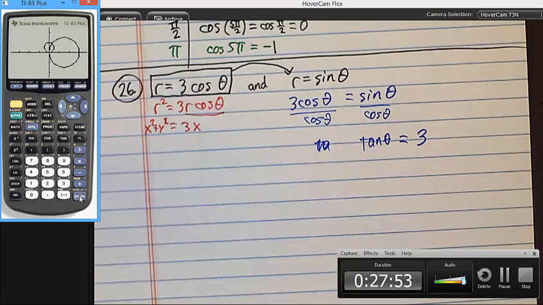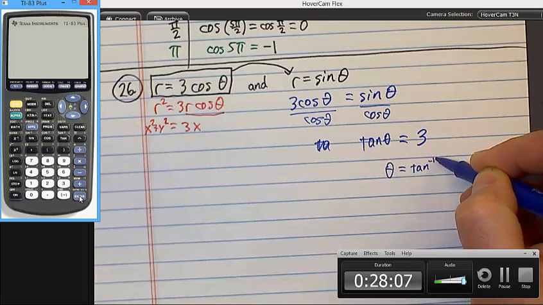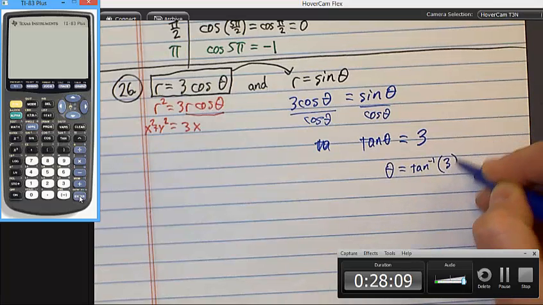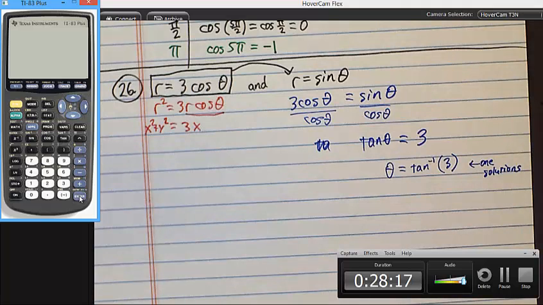Tangent of theta equals 3. So let's see, where does that happen? Well, lots of places, right? So one solution would be theta is arctan of 3. That's one solution. There are other solutions, perhaps. Okay?